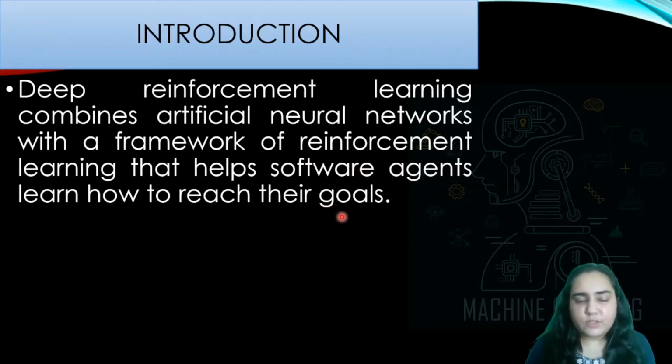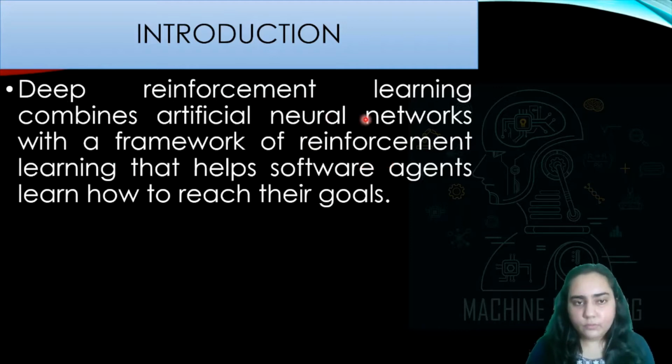We studied a long time back, in one of the very first couple of videos, that machine learning has three different types: supervised, unsupervised, and reinforcement. Reinforcement is the type of learning that happens on its own, where you just have to say this is right and this is wrong.